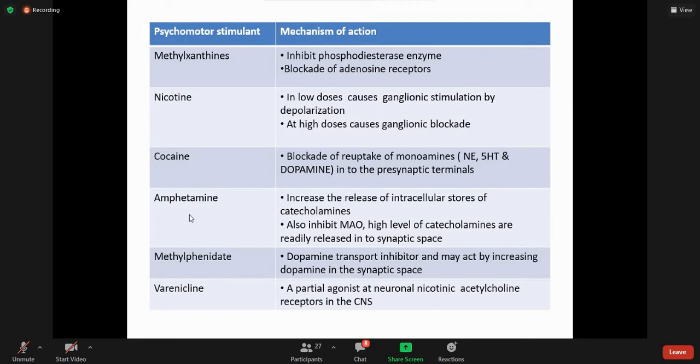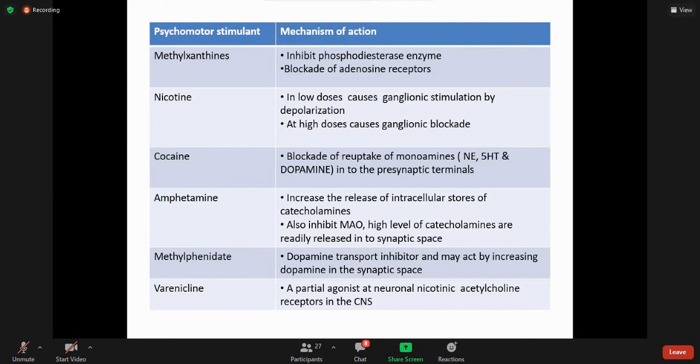Now amphetamine, this is another very important drug, right? And it's being used in our society as well, which we will see how. It increases the release of intracellular stores of catecholamines. Again, for getting excitement, neuronal activity or stimulation, the role of amines is very important.